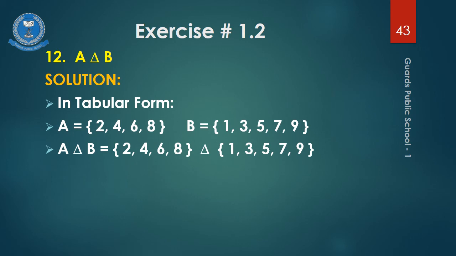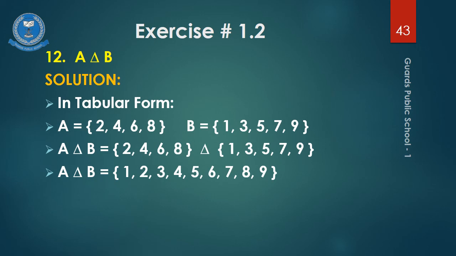Clearly there is no member in common and all the members are uncommon. So we will have to write down all the members of the first set and all the members of the second set in the answer of symmetric difference, because in symmetric difference we write non-common members of the two sets.